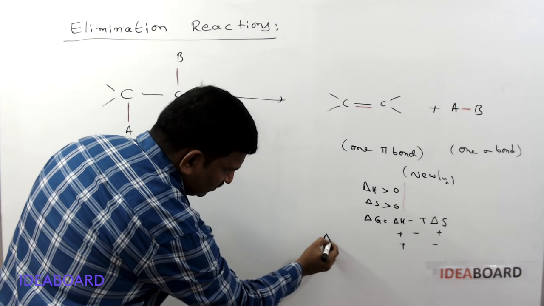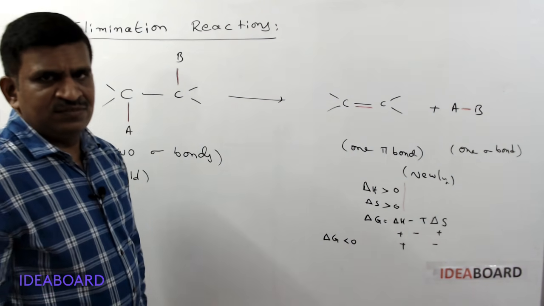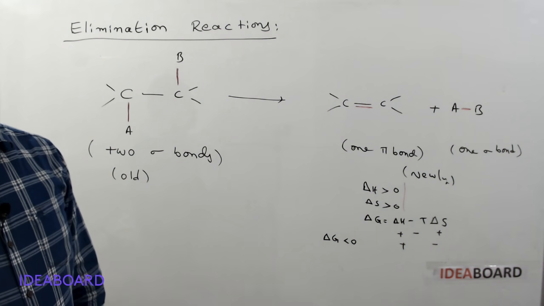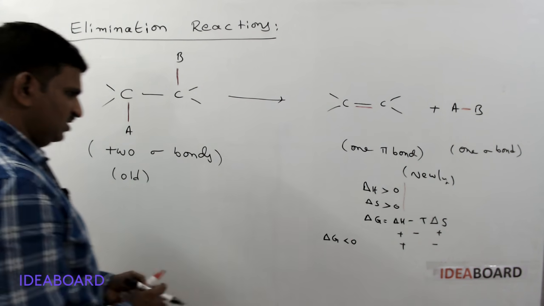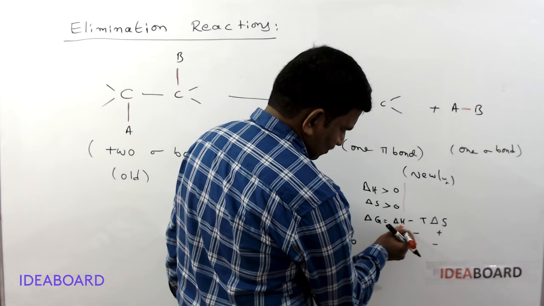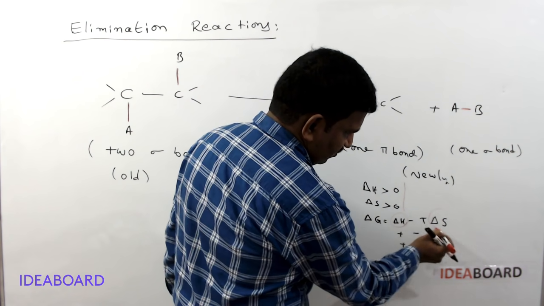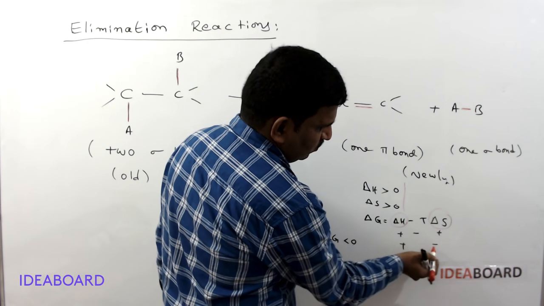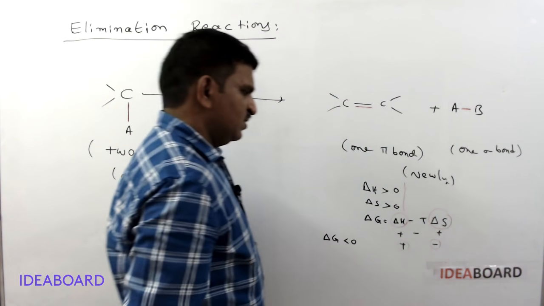When will we get delta G less than 0, negative? The required condition: delta H is already positive and delta S is positive, and because of the minus sign, the T delta S term is negative.